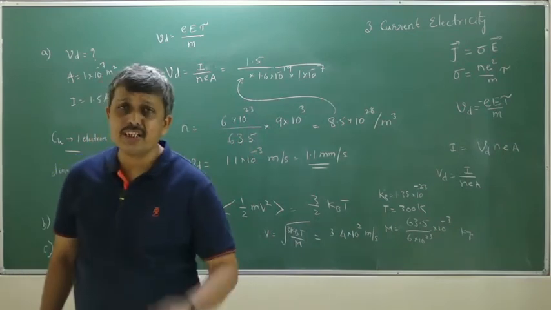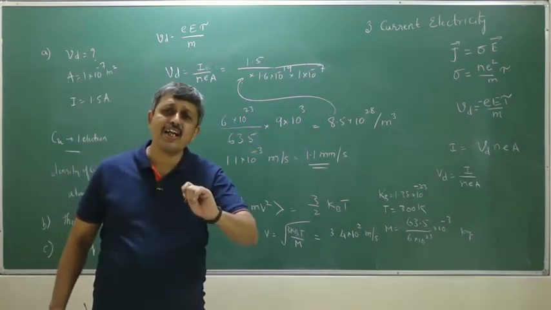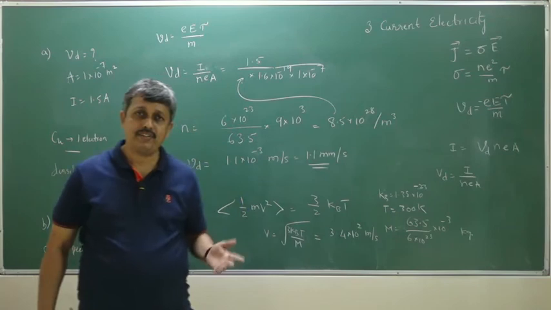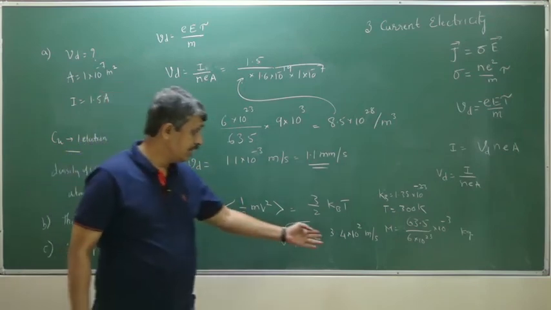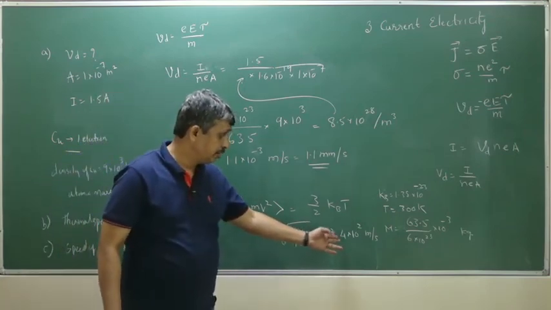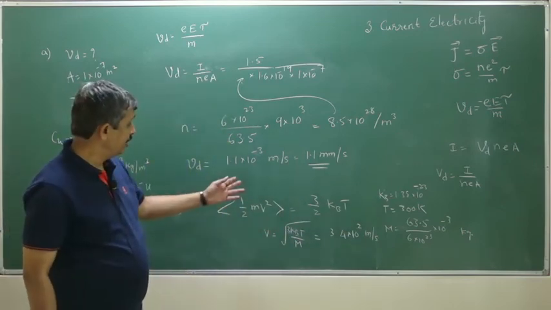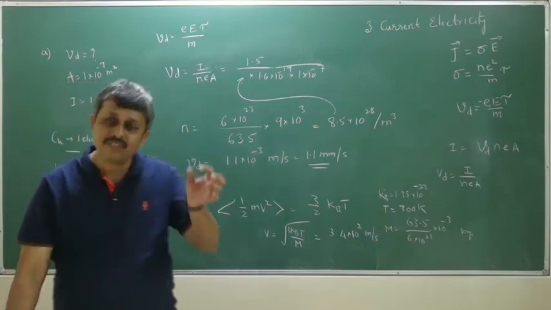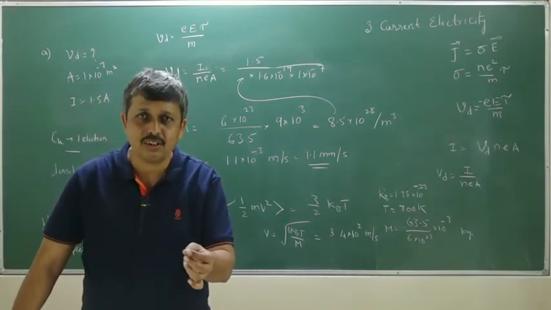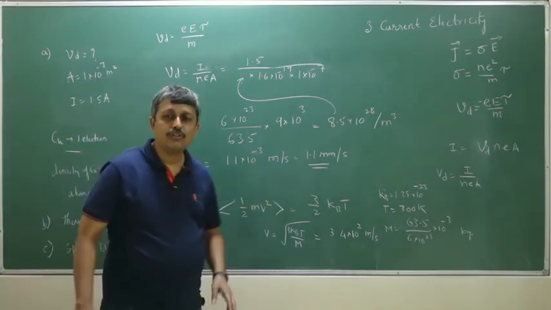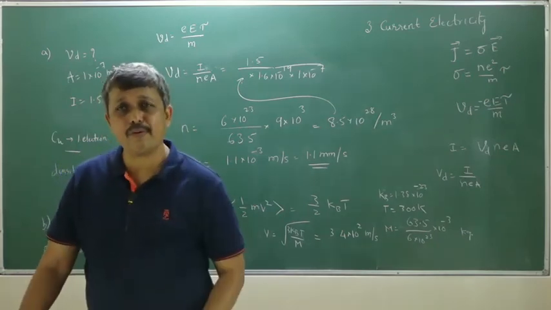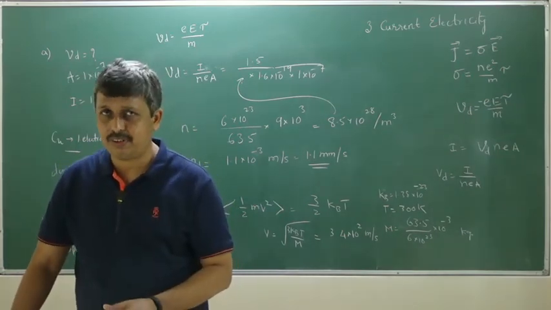So that means it's vibrating at a very, very high speed of, let us say, 340 meters per second, whereas the electron drift velocity is very small, 1.1 millimeters per second.